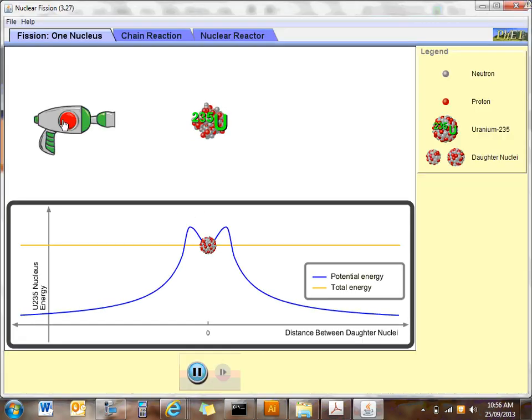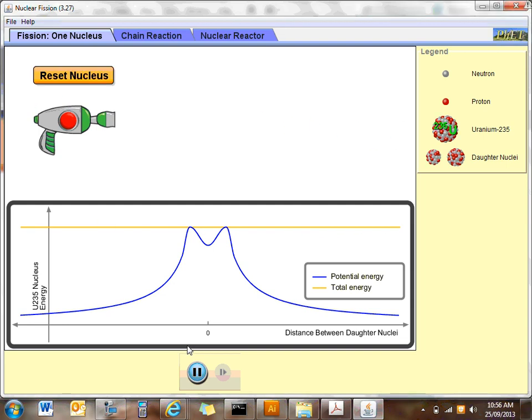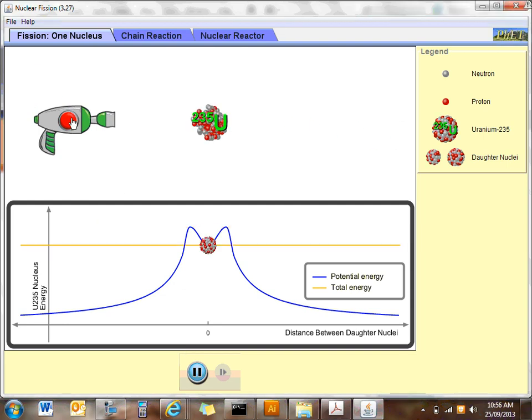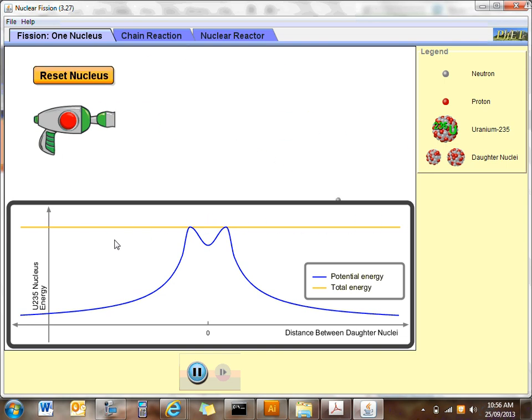Okay, so I'm going to fire a neutron into that U235. It gets excited, splits apart. Let's do it again. The neutron becomes U236 for a second, splits into two daughter nuclei, and releases 3 neutrons in this reaction.